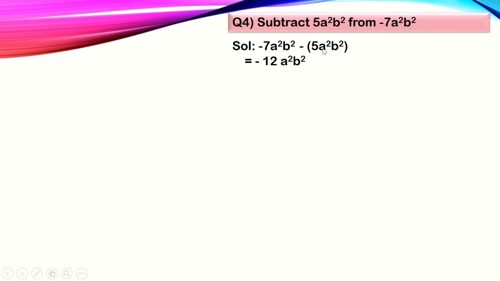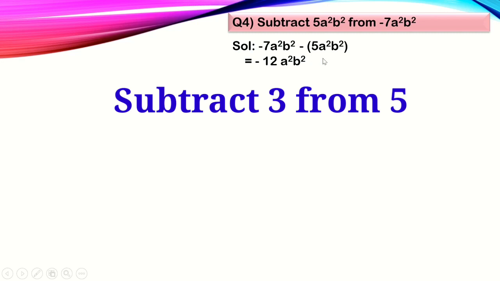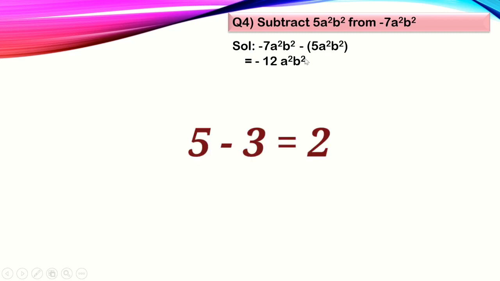So this minus has come in between. You can just think of some easy example, like if I ask you to subtract 3 from 5, how will you do? 5 minus 3. So in that way only we have written the terms over here, and you know how to simplify this. Terms having the same sign, we need to add and put the same sign over there in the answer.